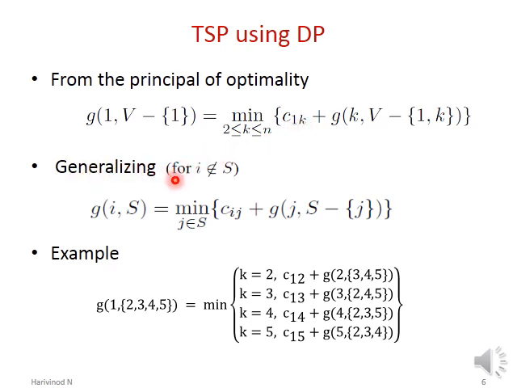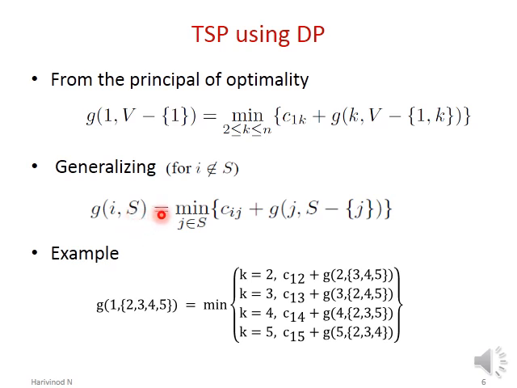So generalizing this, in general we can write this as g of I comma s. G of I comma s is nothing but the length of the smallest path starting from I, visiting all the vertices in S in some order and coming back to 1.